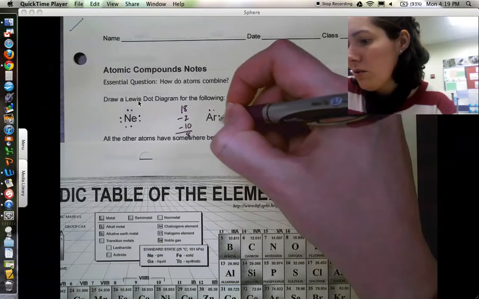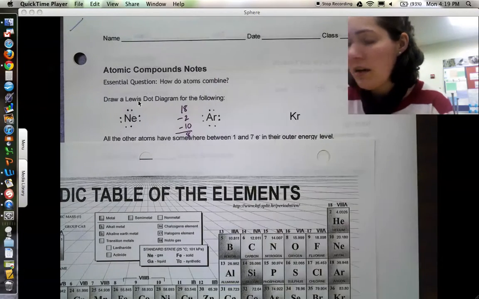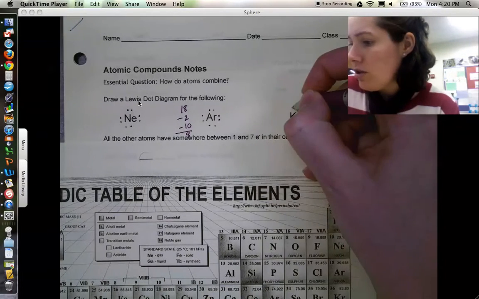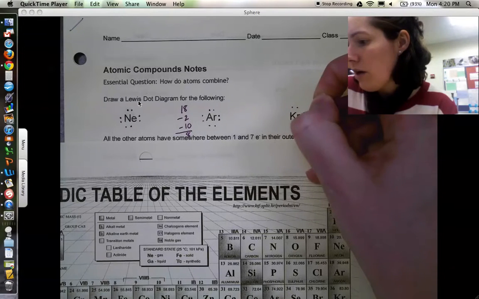This one also has 8 electrons on the outside. And then as a reminder, here's krypton. Well, krypton, if we see the pattern, neon has 8 in its outer energy level. Argon has 8 in its outer energy level. Krypton also has 8 in its outer energy level.